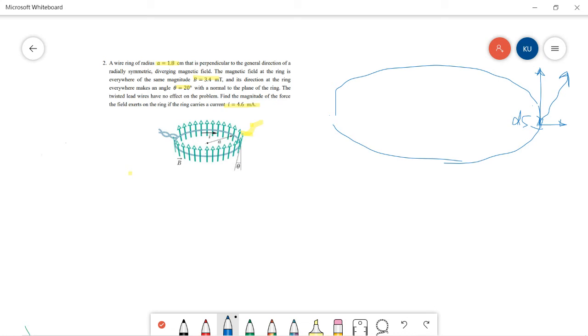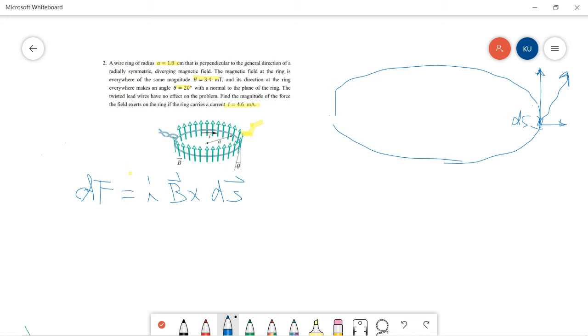So here we should know that in this problem, dF equals I times dl cross B, or ds, depending on notation. It's another form of the Lorentz force.